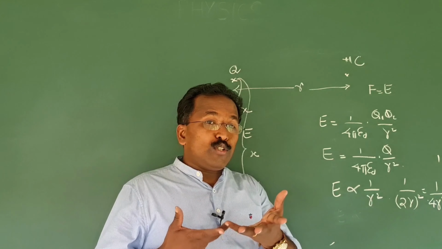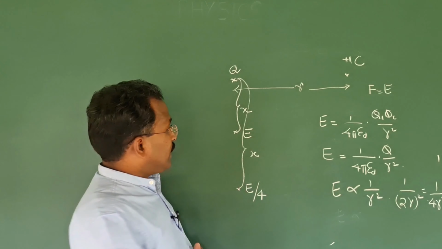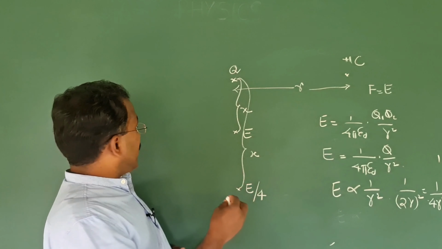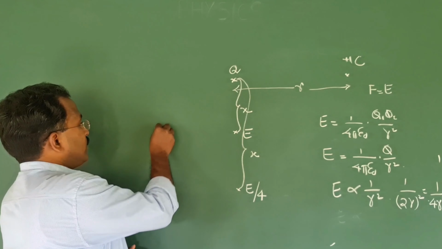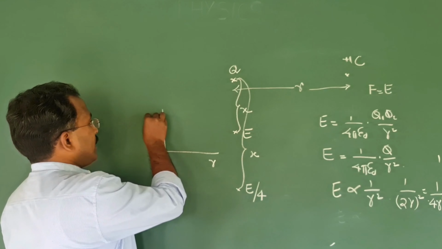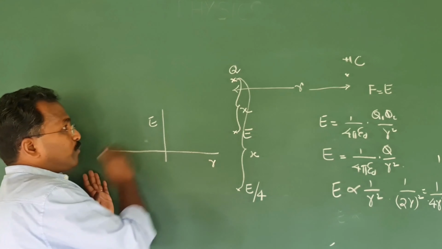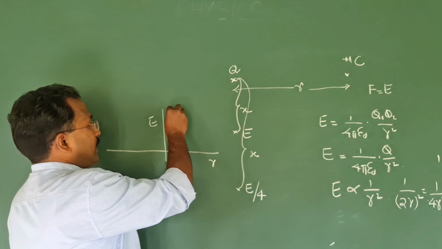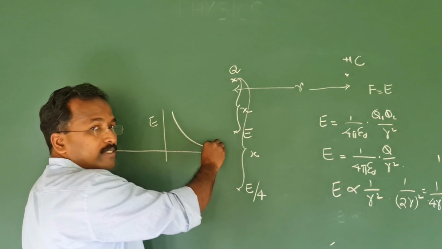If you are asked to draw a graph between E and R, the graph will be something like this. Where to draw that graph? You are getting this now if I draw a graph here. So, the graph between R and E, and you can draw it to both the sides. The graph will be like this.